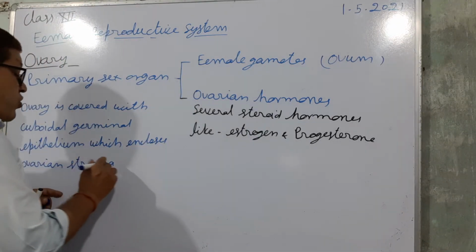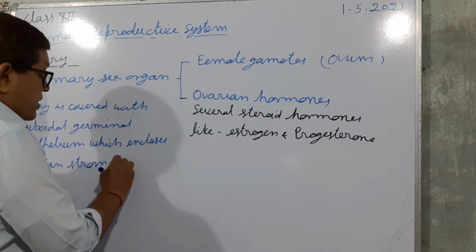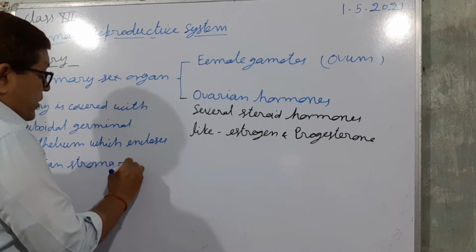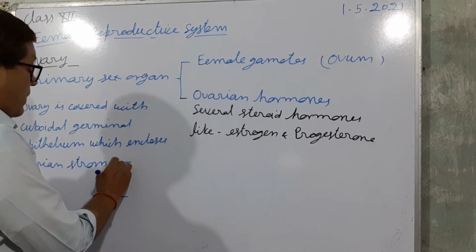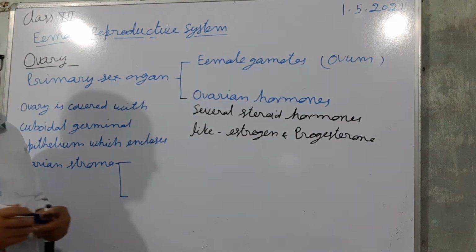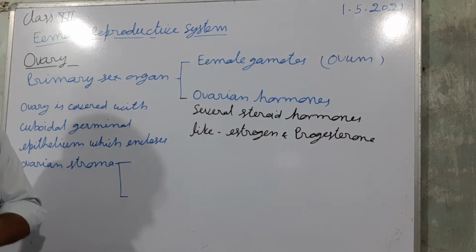So the ovarian stroma consists of two regions. One is outer and the other is inner.